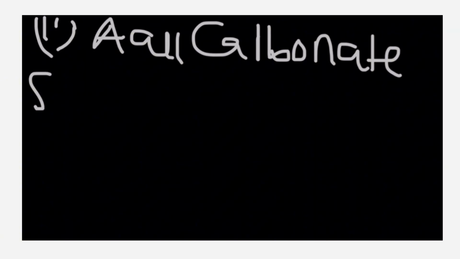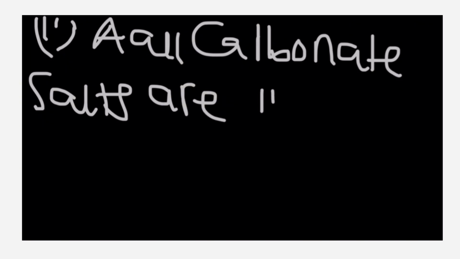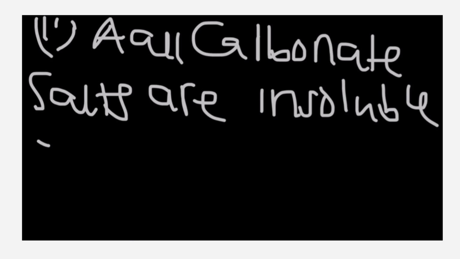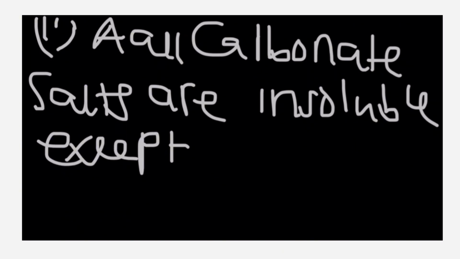Now also understand from the second solubility rule that all carbonate salts are always insoluble. That means that they always exist in solid state except those of the alkali metals, those from group 1. So all carbonate salts are insoluble except the alkali metal carbonates.